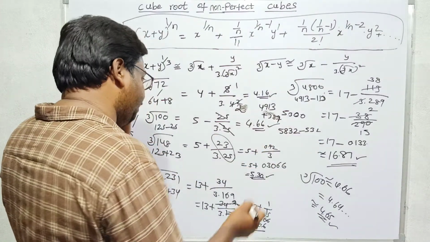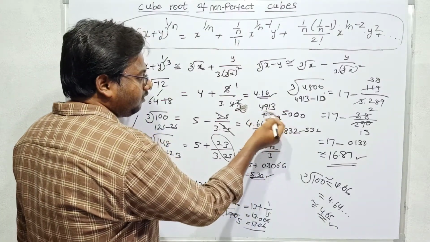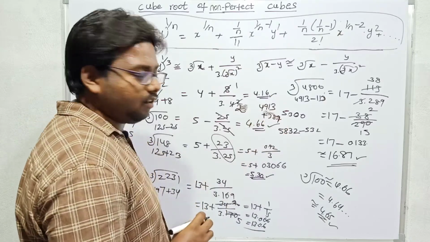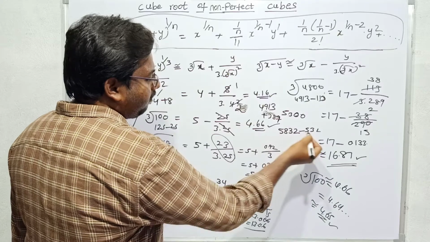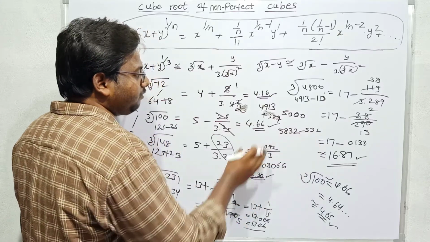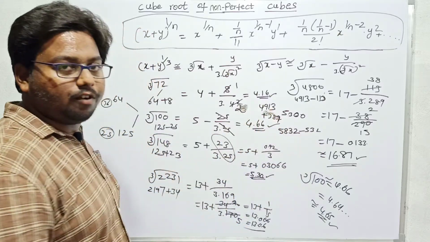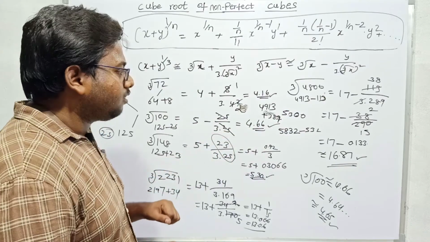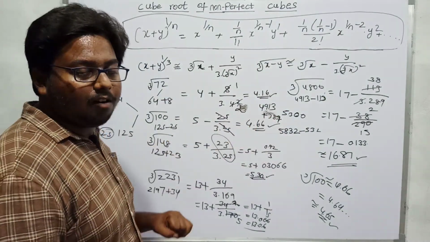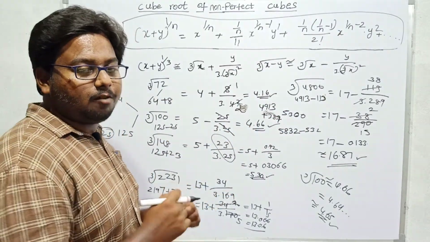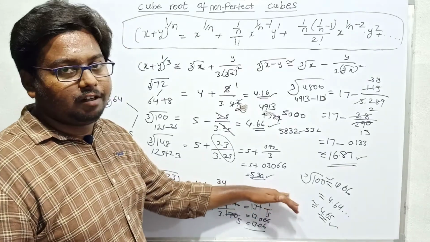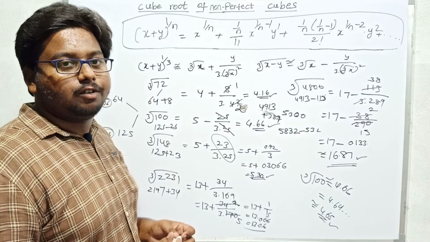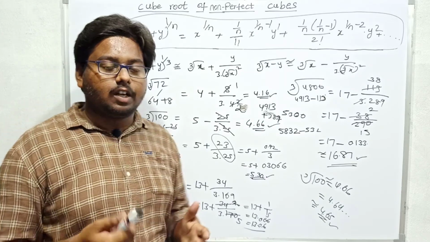It would be better if I operate on this, because the value is very much less here. Although the ratio 532 by 5832 may also be less when compared to 387 upon 4913. It depends. So in this type of complex problems, you will get some difference in answers. That won't be very huge, but this is the reality when you apply this method. So if you take this as positive, okay, otherwise it's your wish.